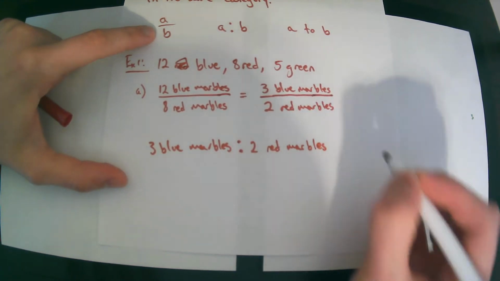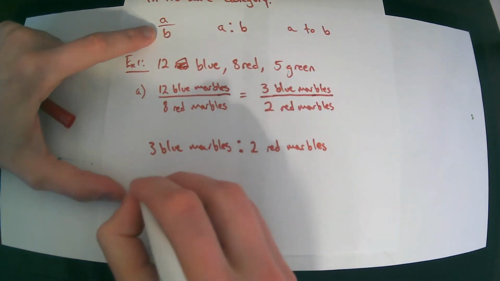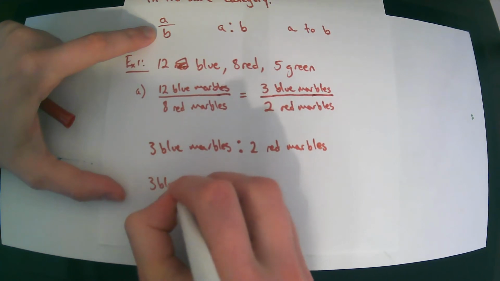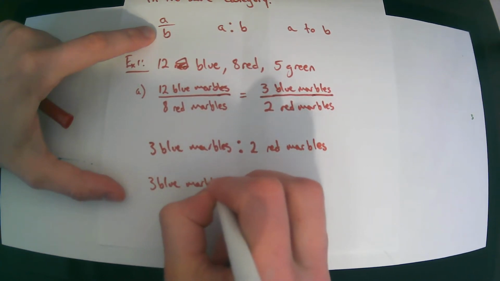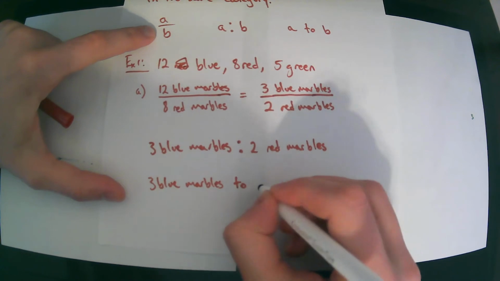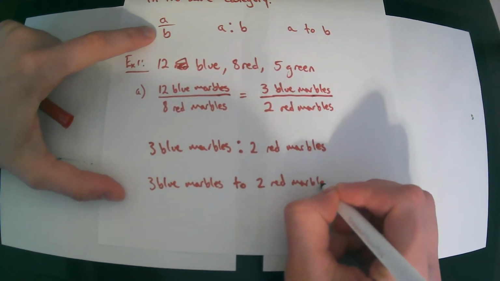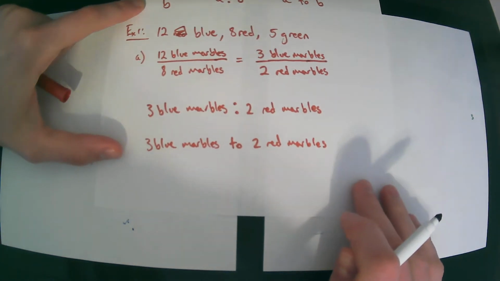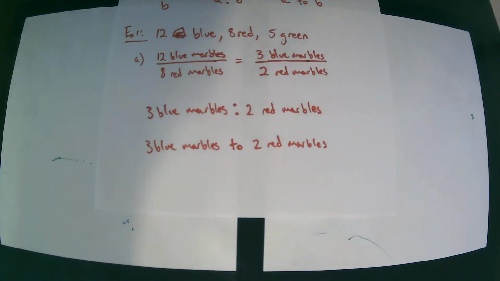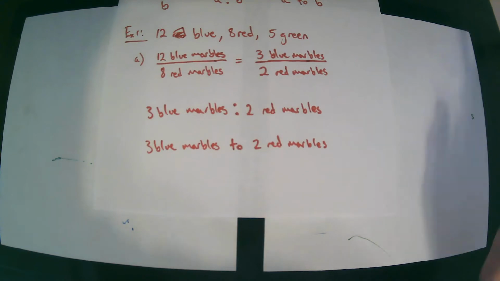And then I've got the kind with the word to in the middle. Okay. So that's just 3 different ways to notate the ratio of blue marbles to red marbles in this situation.